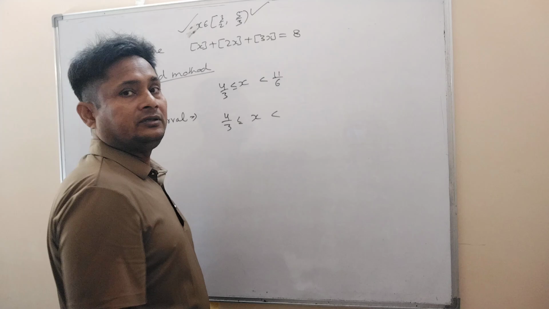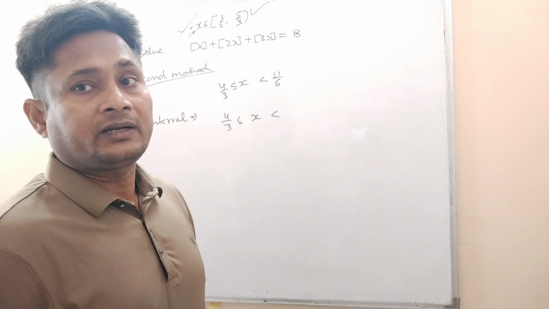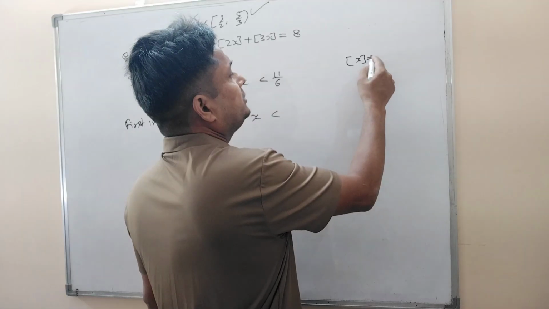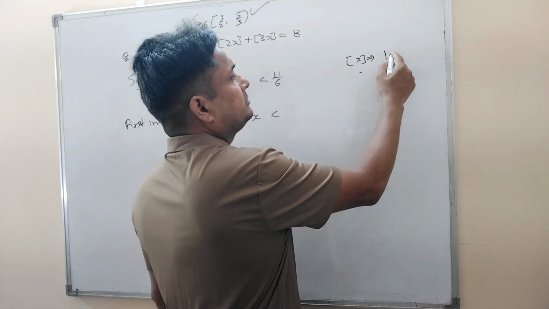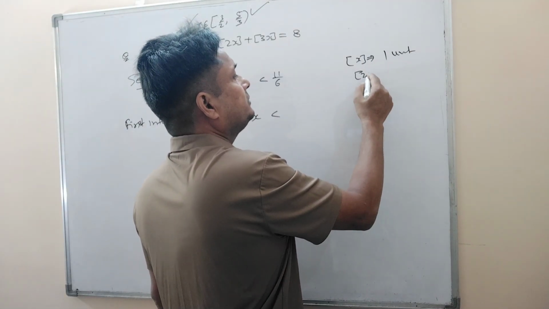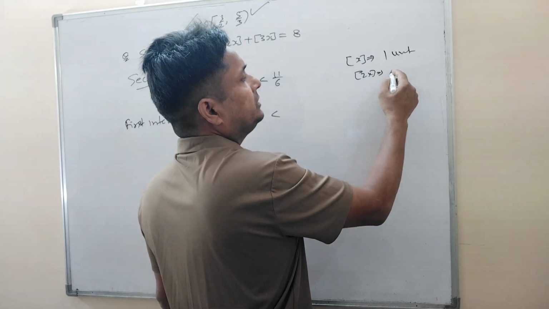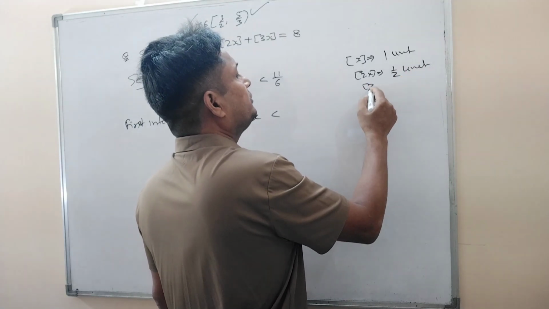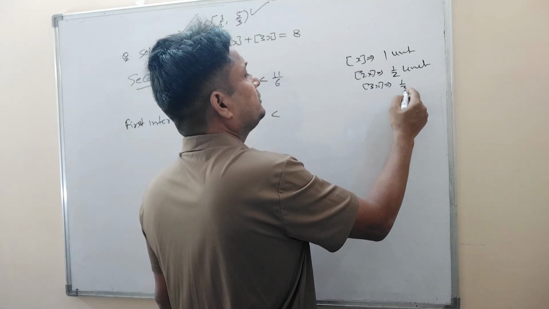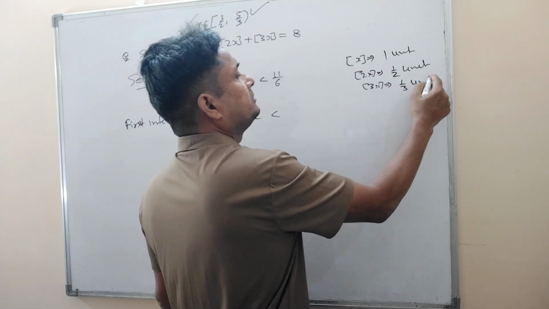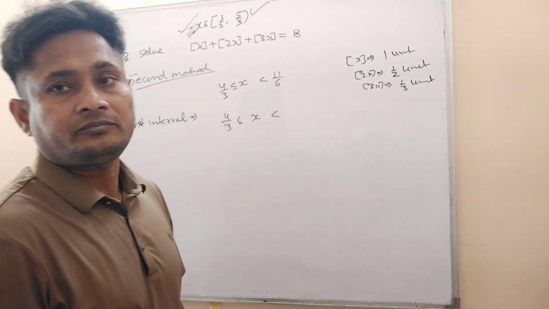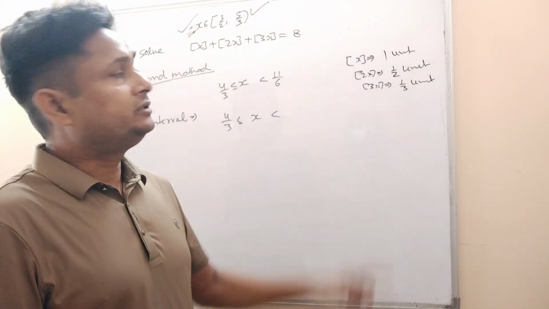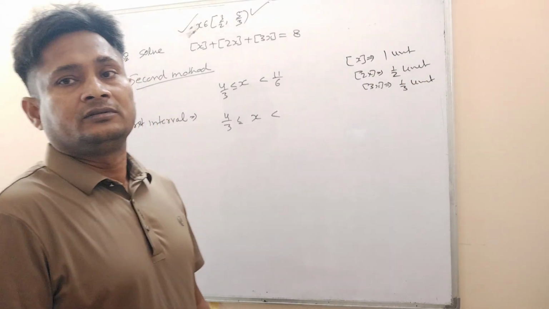I told you for this one 1 unit length, this one 2 unit, this one will be 1 by 2 unit length, and for this one 1 by 3 unit length, right? These are the possible lengths of units in which they can change the value.